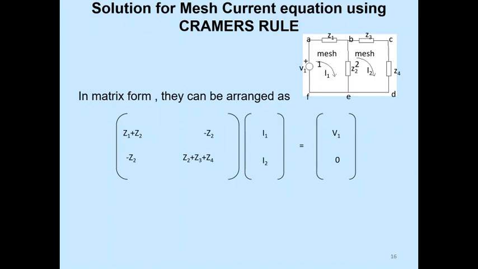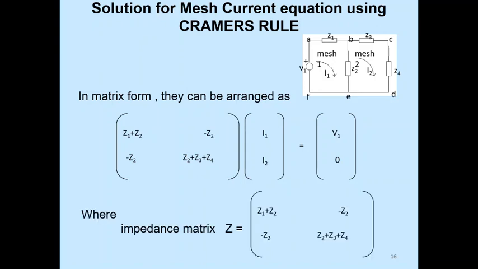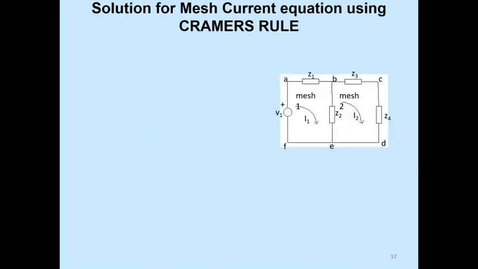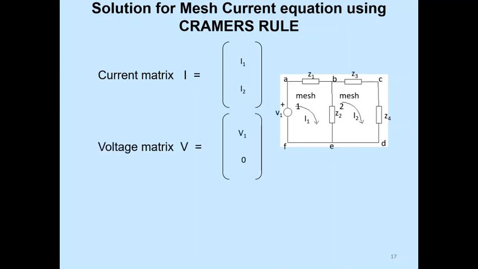So these two equations are arranged in a matrix form. The impedance matrix Z is Z1 plus Z2, minus Z2, minus Z2, Z2 plus Z3 plus Z4. The current matrix is I1 and I2, and the voltage matrix is V1, 0.